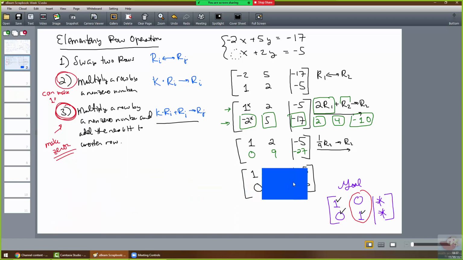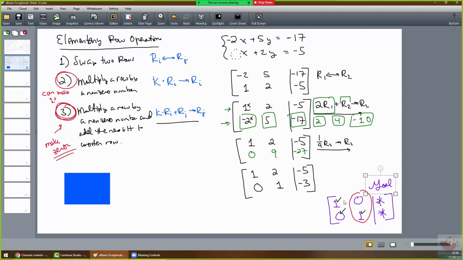So again, ignoring everything else, that 2 needs to become a 0. What operation do we have to use to make a 0? So this is currently saying 1y.